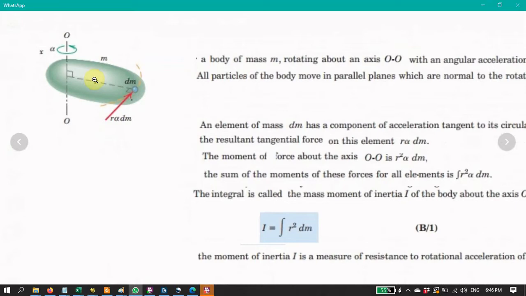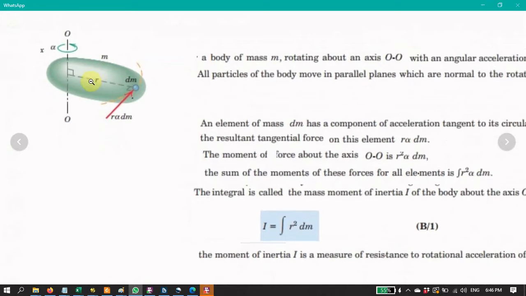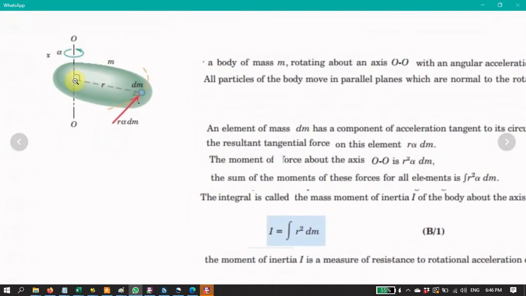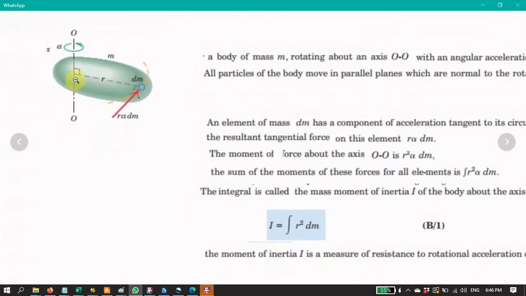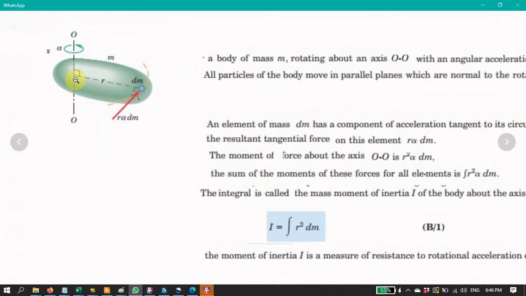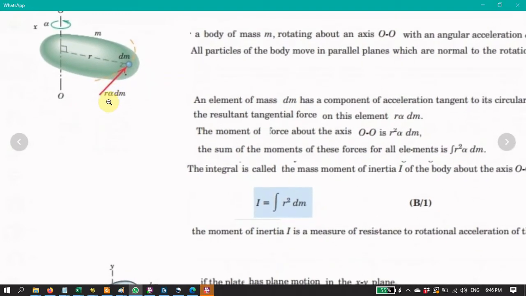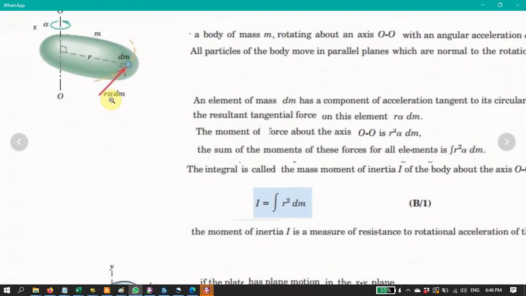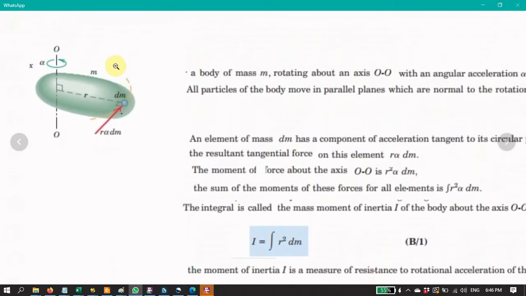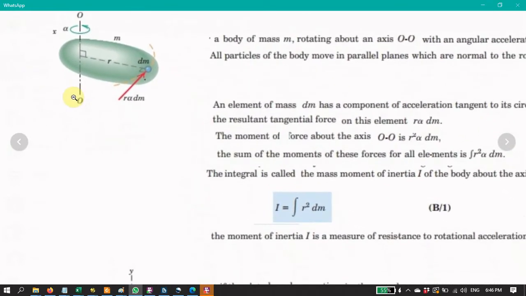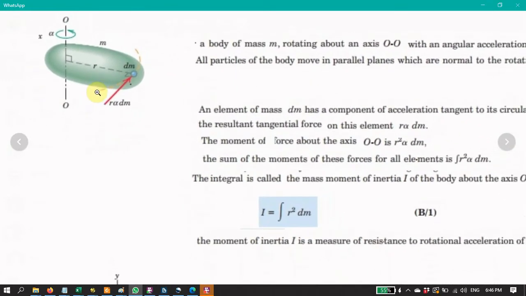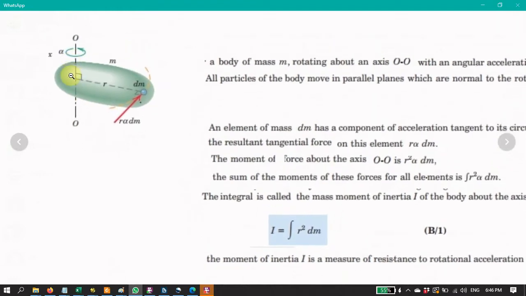So when the body rotates about an axis, for example a point O, the body has angular acceleration because of this net force, right? All the particles of the body will move in parallel planes. The parallel plane, sometimes you call it the vertical plane, is normal to the rotation axis, right?